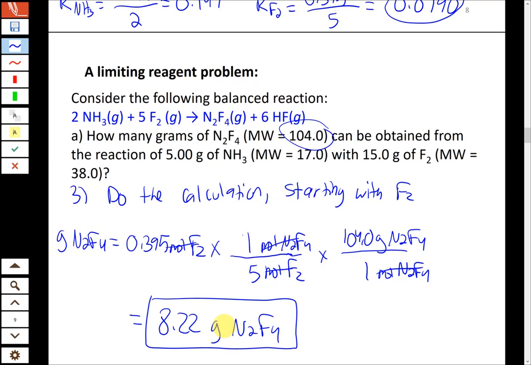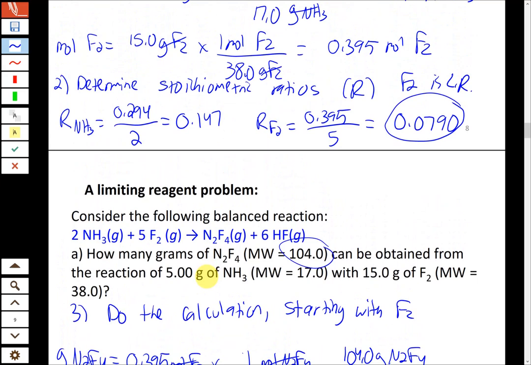One word of caution on doing it this way that I've taught you: once you find these stoichiometric ratios here, 0.147, 0.079, and identify the smaller one as the limiting reactant, these numbers are completely useless, okay? So you want to throw them away after that. We didn't use this 0.079 as a starting point. That's just a ratio specific to that reactant.